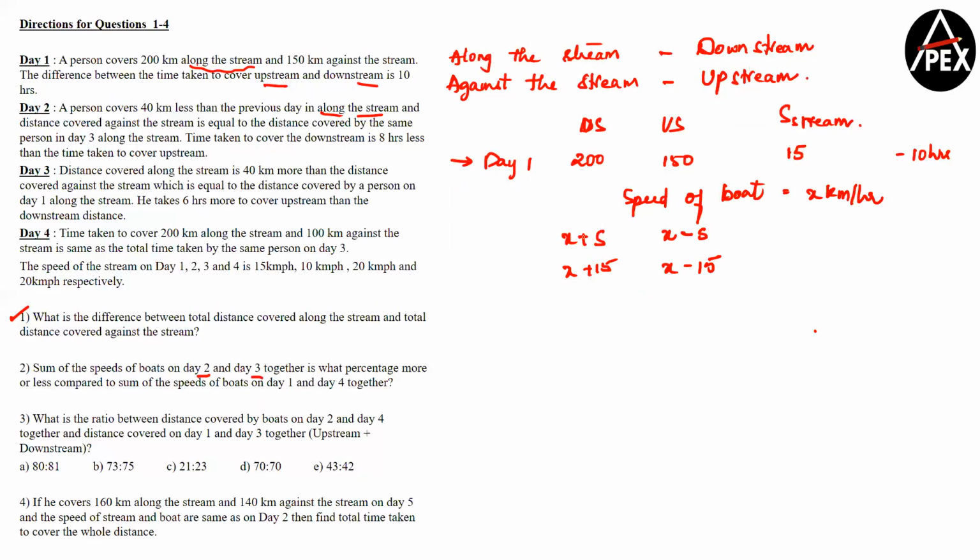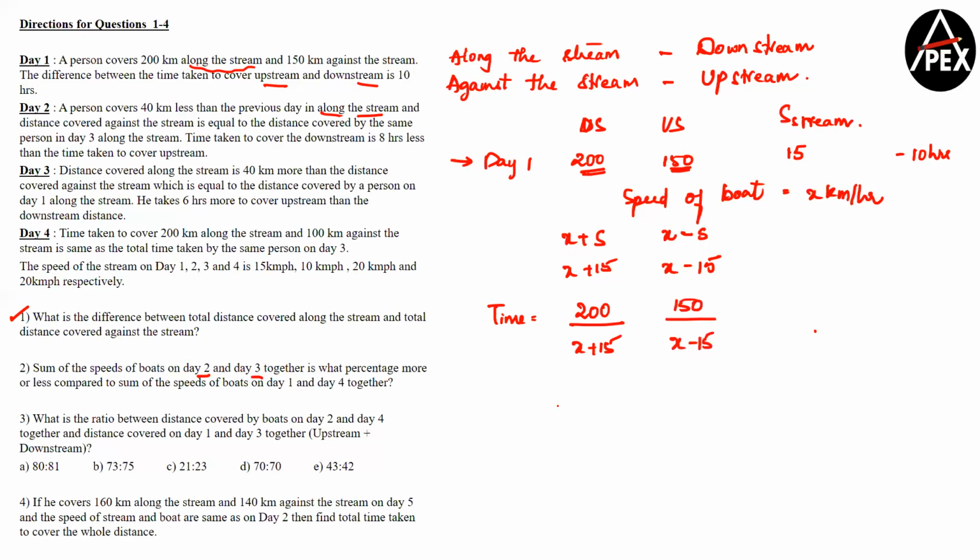Now we know the time taken to cover these 200 kilometers downstream will be distance by speed, so 200 divided by x plus 15. The time taken to cover these 150 kilometers upstream will be 150 divided by x minus 15.